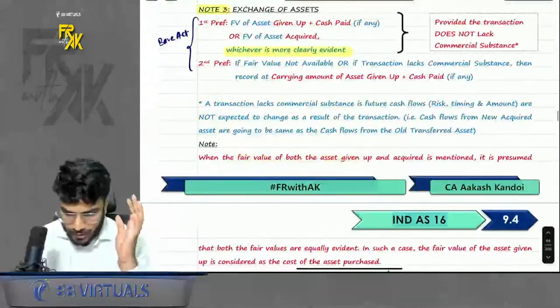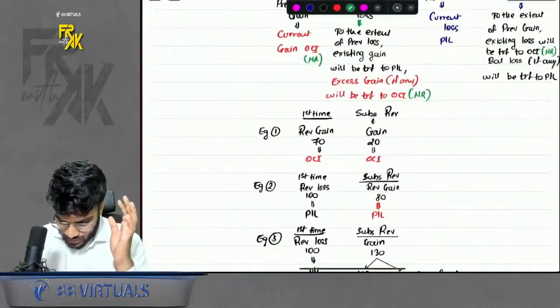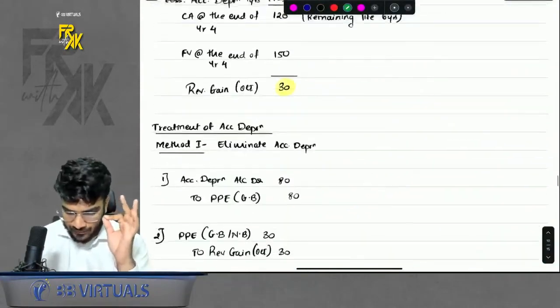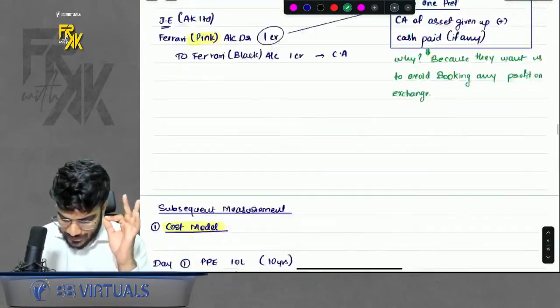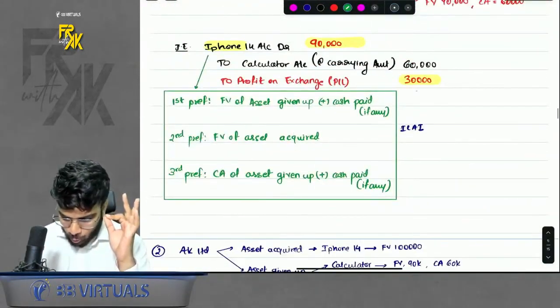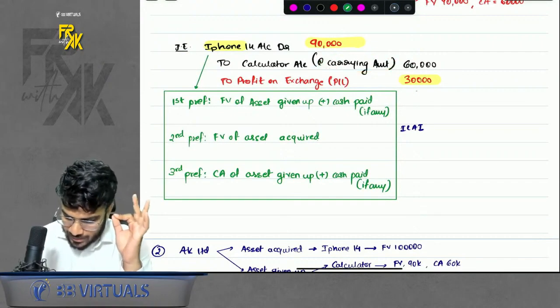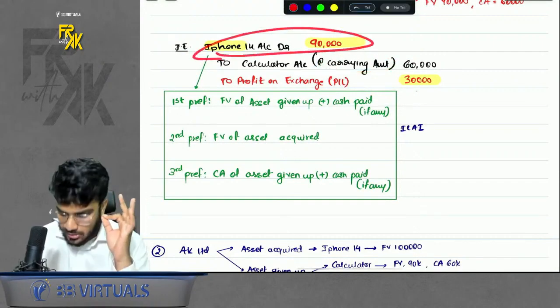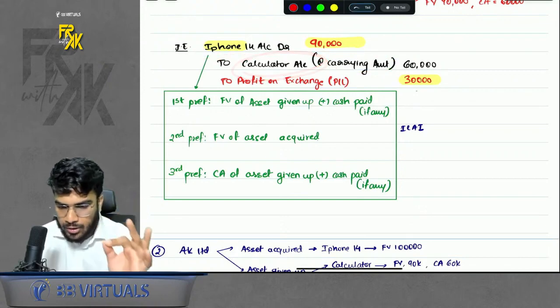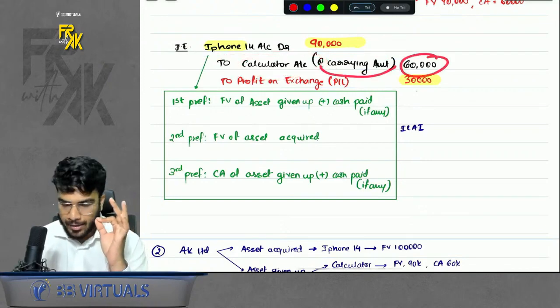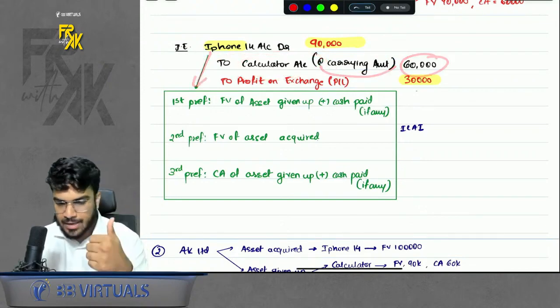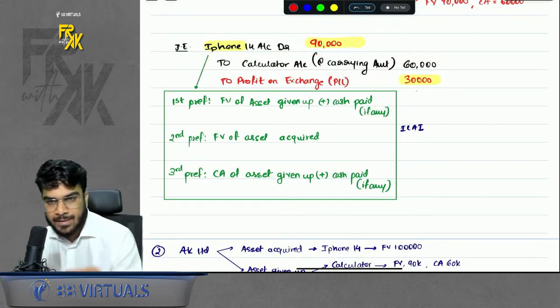Then the next point was, what if the asset is acquired by way of exchange? Do you remember, in exchange there were 3 preferences given to us, and those preferences are applicable on the incoming asset, because for the outgoing asset we will always let it go at carrying amount. For the incoming asset we have 3 preferences. First preference is fair value of asset given up plus cash paid if any.